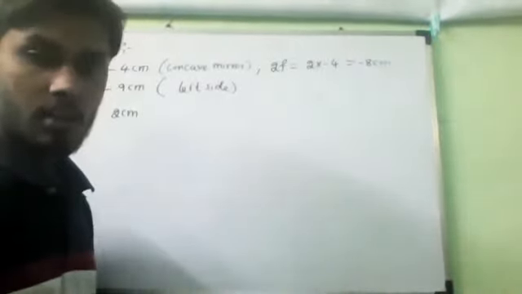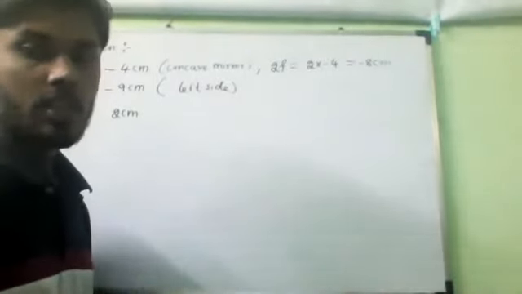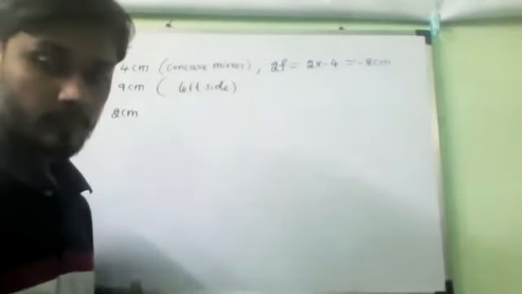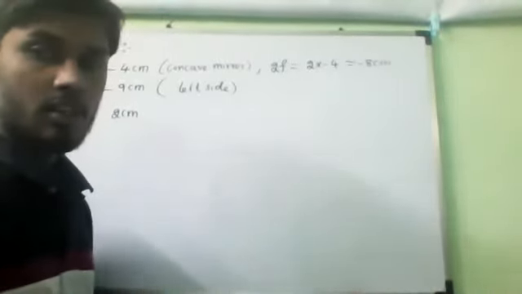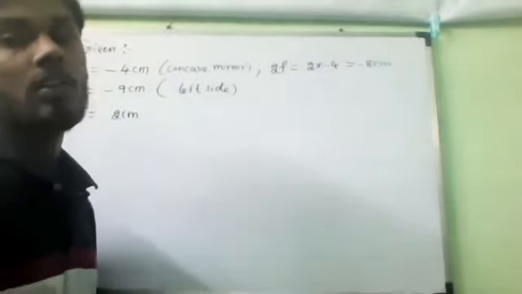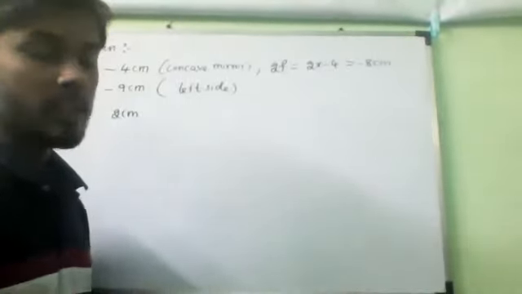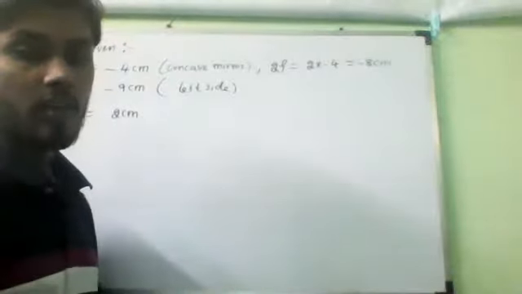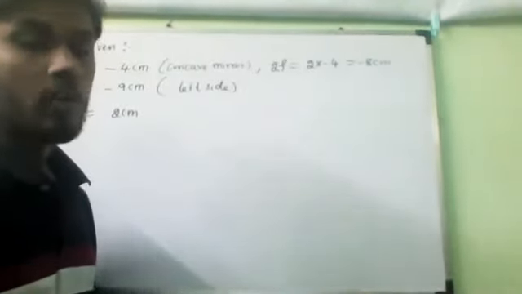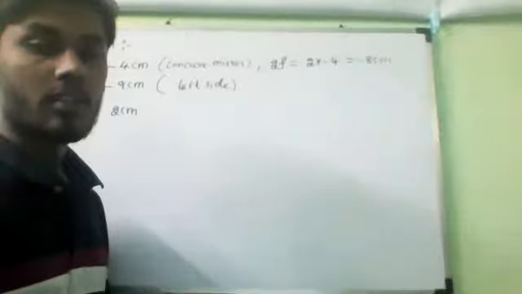Is that all? Anusri, Taranya, Pushpa, Jesse? Sir, real and inverted and diminished image. The image is between the focus and the center of curvature. Now let us check whether it is true or not.